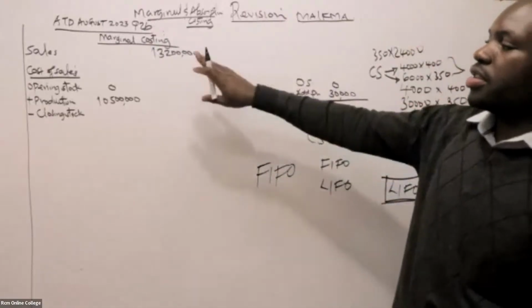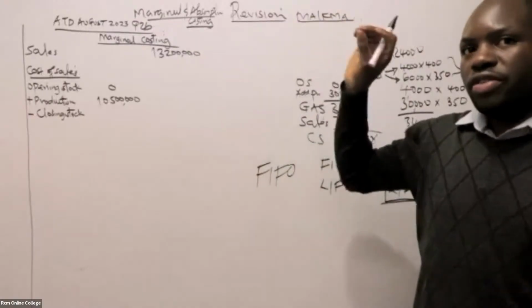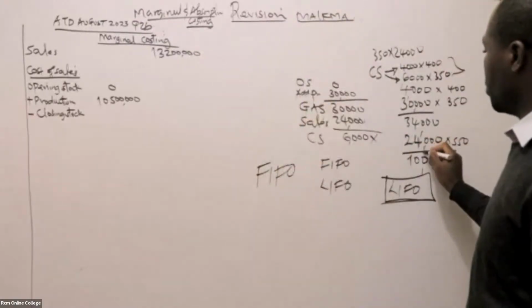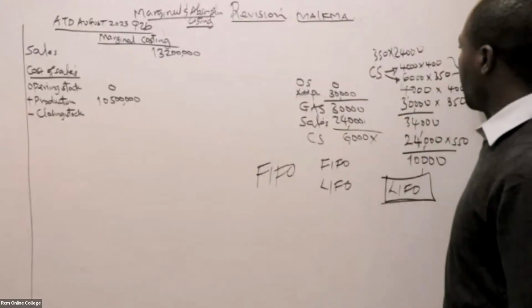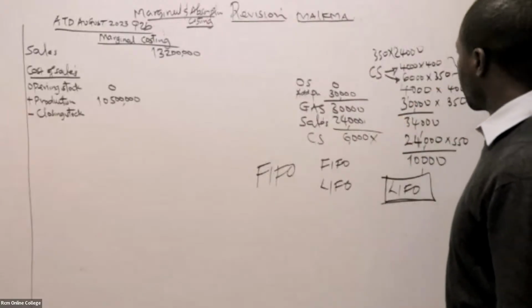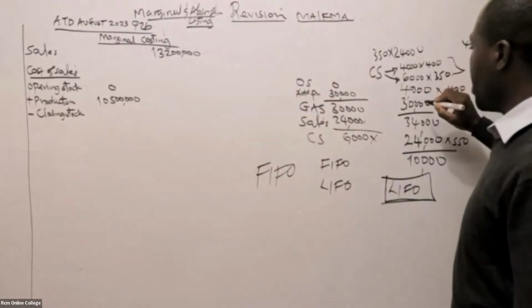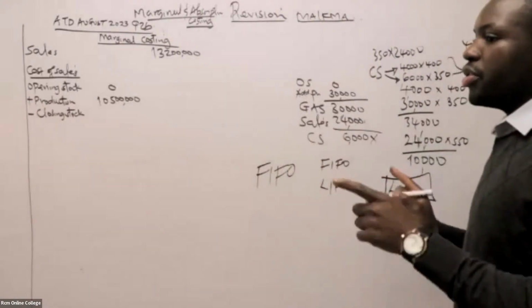So of the 24,000 units sold, the opening 4,000 will be sold first. Then whatever is remaining represents goods that were produced during the year.